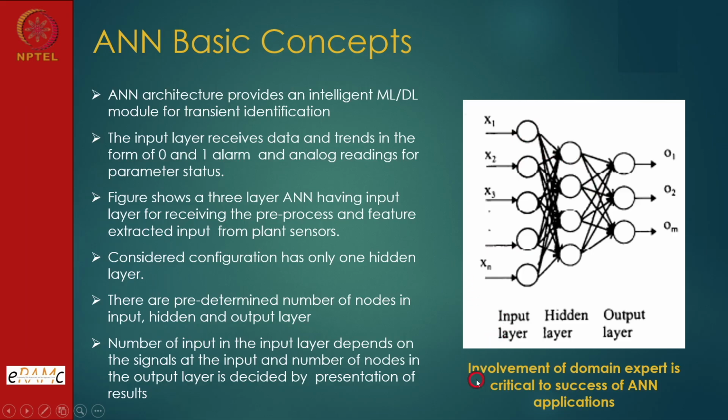Because we move from ANN to machine learning to deep learning, the difference is the involvement of domain experts. This could be a takeaway for anybody who is working on intelligent systems. Data can converge sometimes, but the domain experts' role is critical for a successful operation of an ANN.